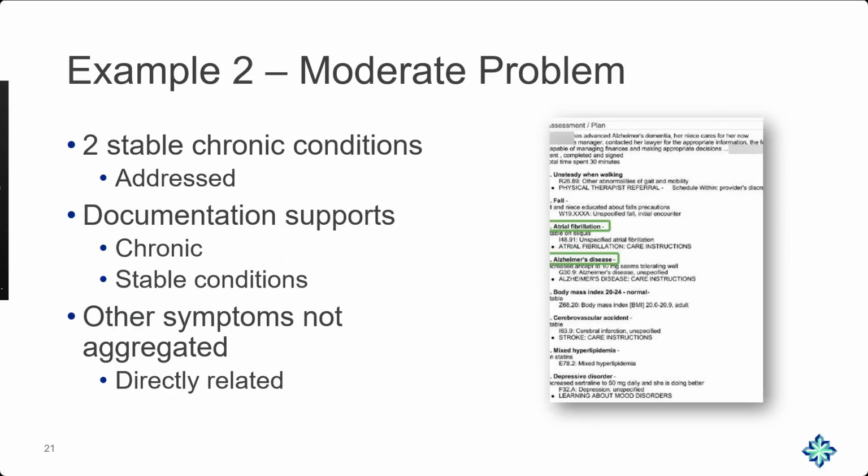They're directly related to the chronic conditions that were addressed, particularly with the dizziness and the fall, they believe was due to the dizziness, and it's directly related to the atrial fibrillation. So that's what we're looking for there. Again, it's addressed and we can see clearly. This is another example of documentation that did come in and did support the level of service that was billed.